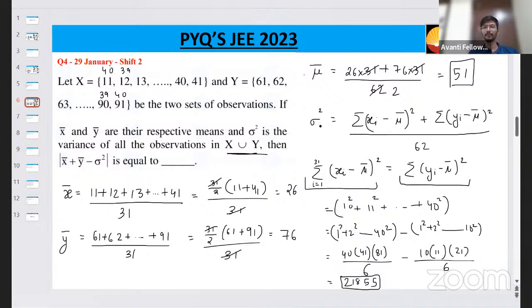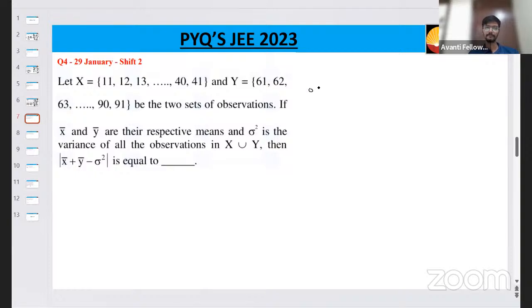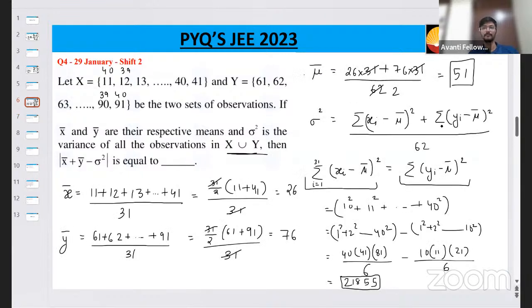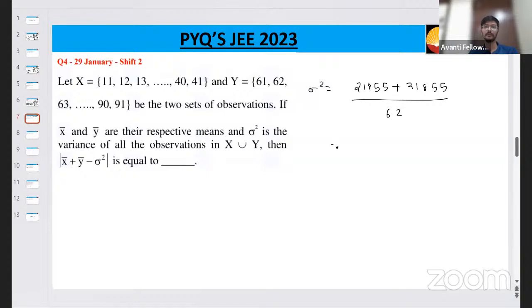So here we have to add both. So sigma square will be equal to 21855 plus 21855 upon 62. That comes to 705. So my final answer is 705. Got it, guys? Let's move to the next.